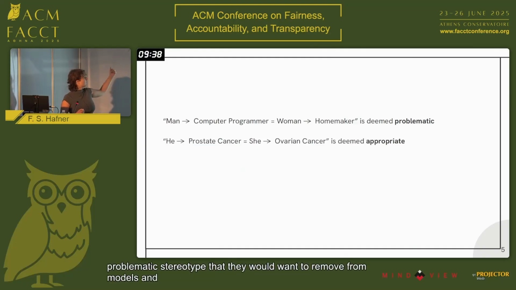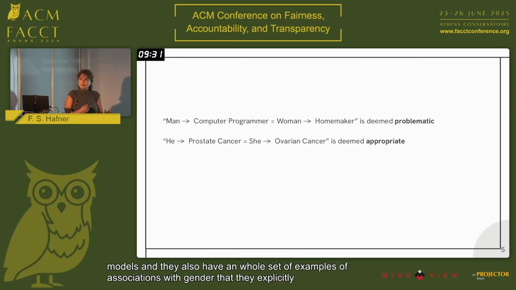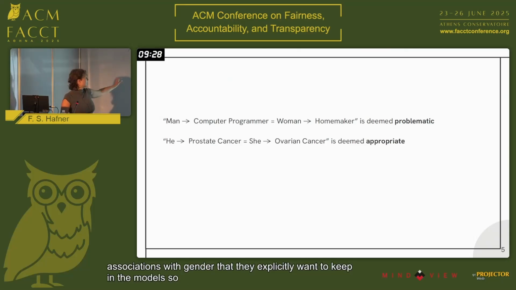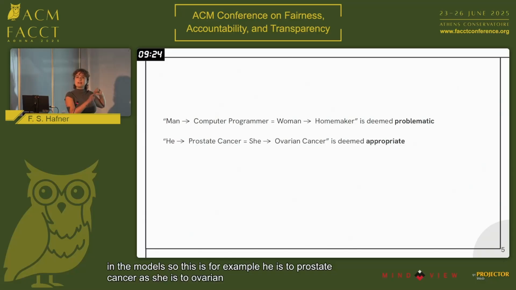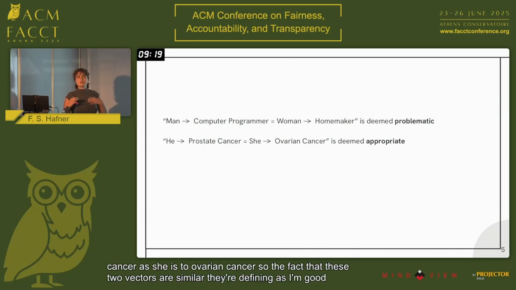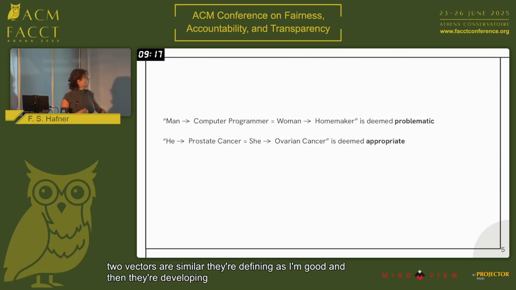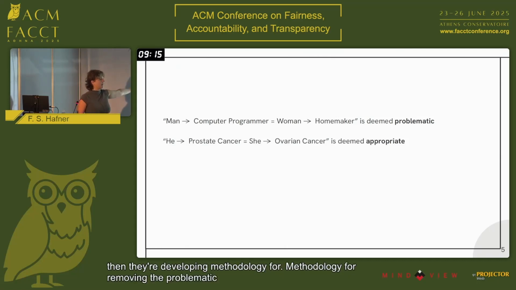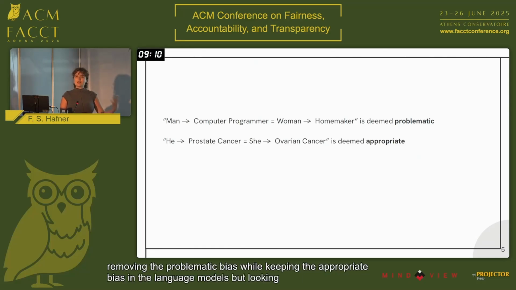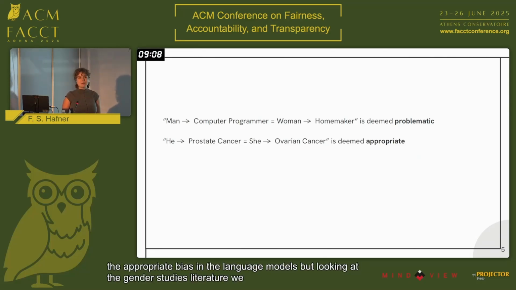They also have a whole set of examples of associations with gender that they explicitly want to keep in the models. So this is, for example, he is to prostate cancer as she is to ovarian cancer. So the fact that these two vectors are similar, they're defining as good, and then they're developing a methodology for removing the problematic bias while keeping the appropriate bias in the language models. But looking at the gender studies literature, we might question whether really the second one is appropriate either.